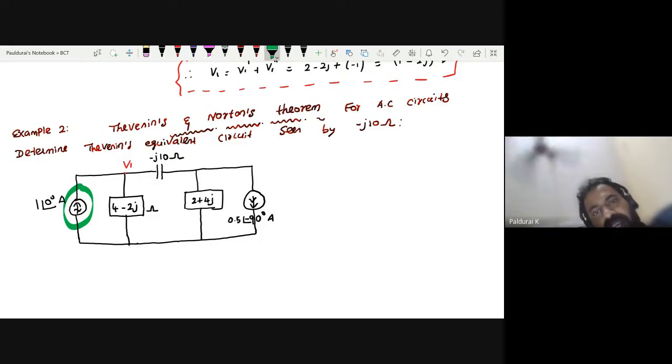Under case 1, here I have two independent current sources, so all are independent sources. At that time, how will you find VTH? Anyone? What is the procedure to calculate VTH in case 1?